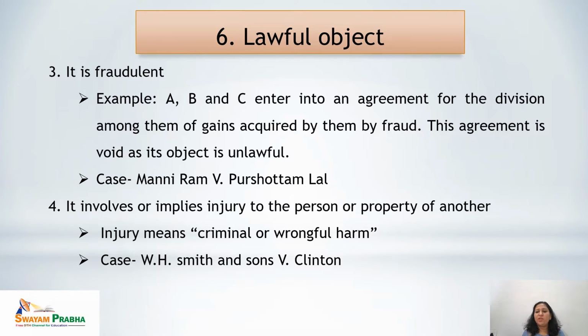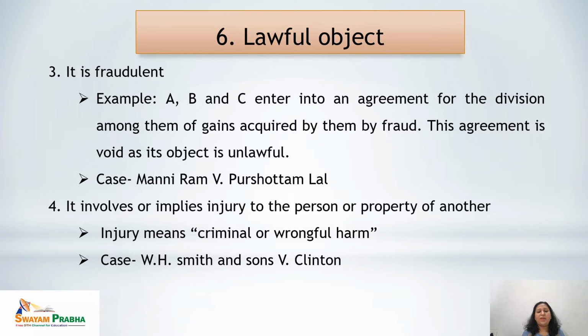Means they are entering into an agreement in which they are talking about sharing the gains acquired by some fraudulent activity. So this type of agreement is void, because its object is unlawful.